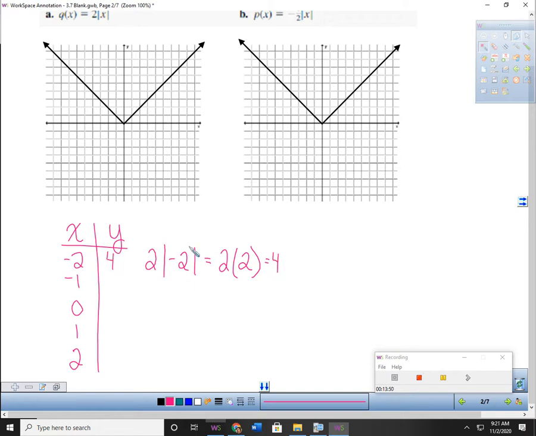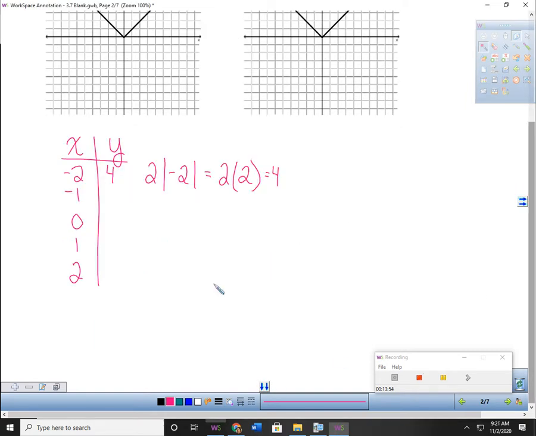Everybody with me on this? Take care of that absolute value first before you put anything else with it. So now I have 2 times the absolute value of negative 1. That gives me 2 times, what is the absolute value of negative 1? 1. 2 times 1 is 2.